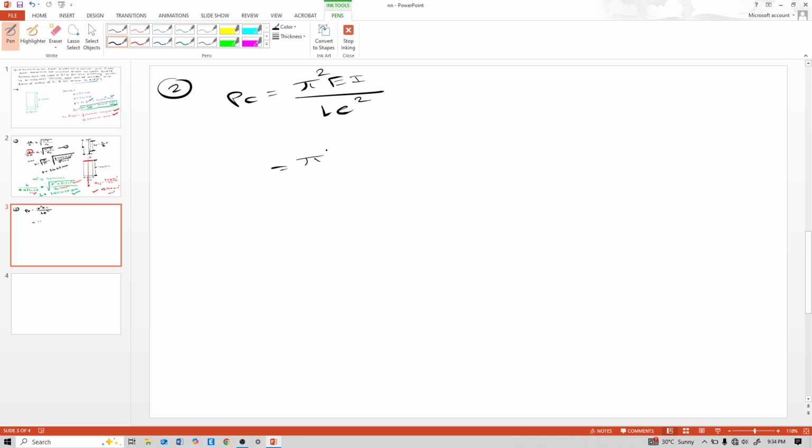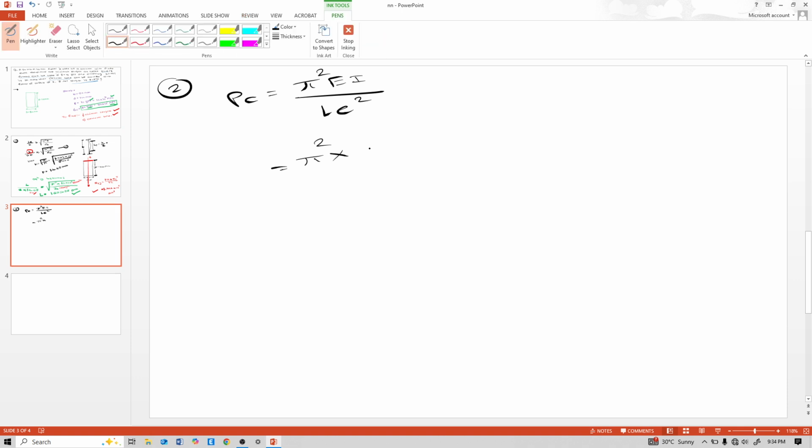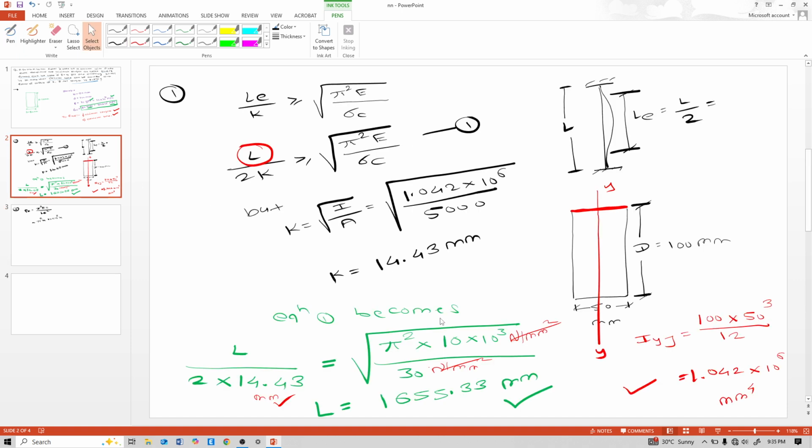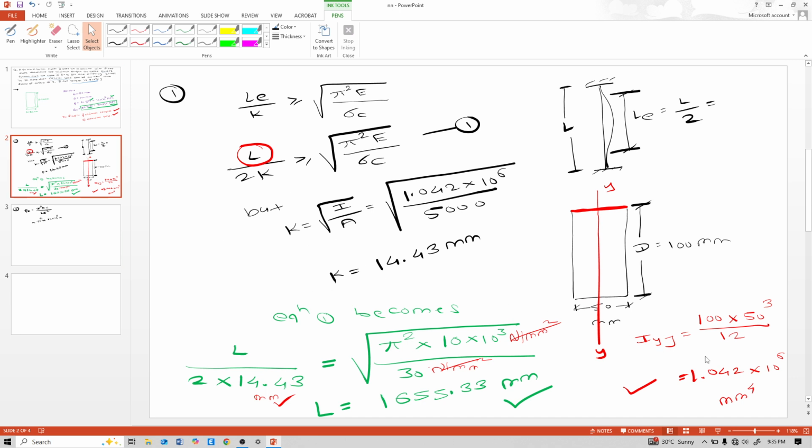We know pi square is constant, E is a given quantity, the modulus of elasticity, and I is the least moment of inertia. Always use the least moment of inertia while calculating the load, for the safer side. So I, the moment of inertia, is 1.042 into 10 raised to 6.